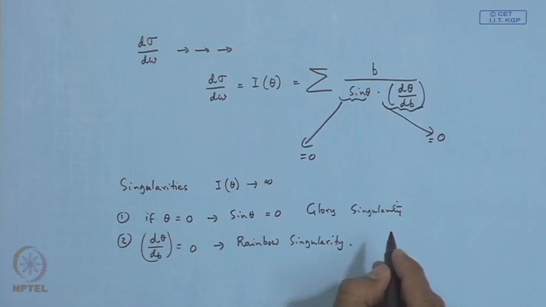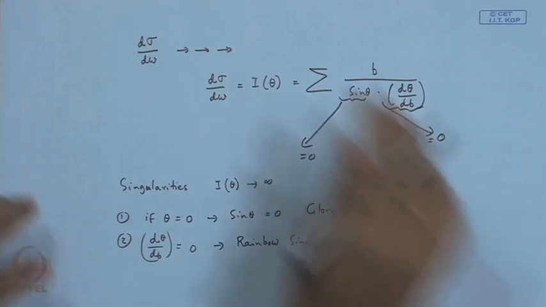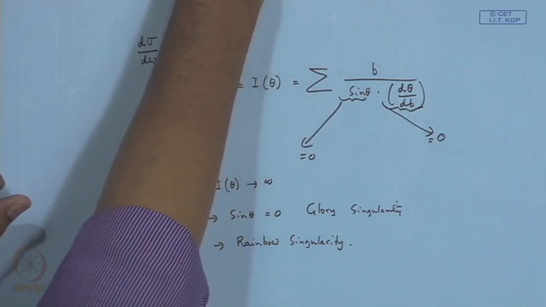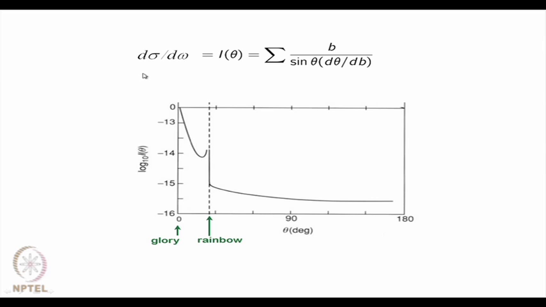If we plot this d sigma d omega with theta, then this is the situation, b by sin theta d theta dB.